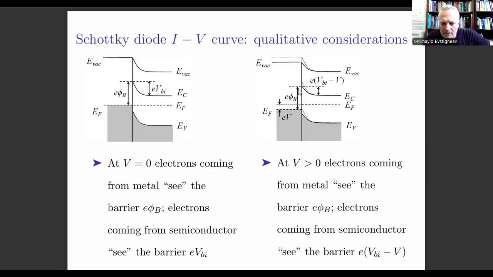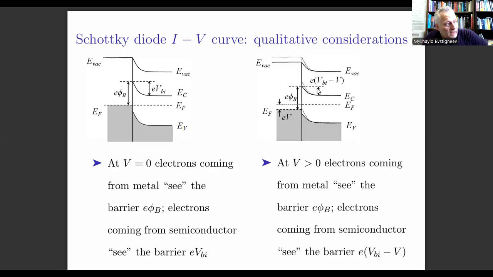As a result, the Schottky barrier doesn't change, because this barrier is very sharp on the metal side, if you see this barrier. So the Fermi energy of the metal goes down, the vacuum energy of the metal goes down by the amount eV, but also the top of the Schottky barrier goes down by the same amount eV. So the Schottky barrier doesn't change.